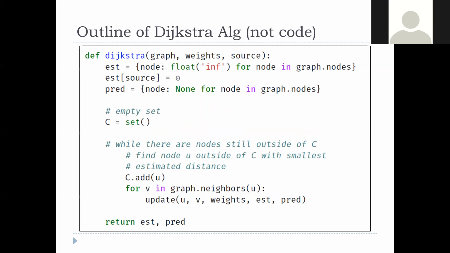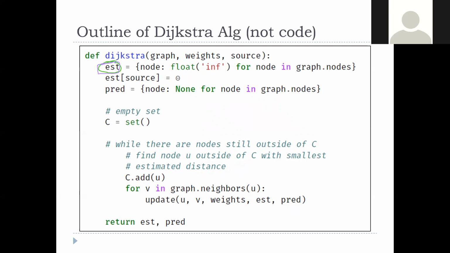This is not real code, because there are things in it that are not really code. Now the idea is what I said at the beginning. Let's set up this estimate. We're going to estimate the shortest path distance.